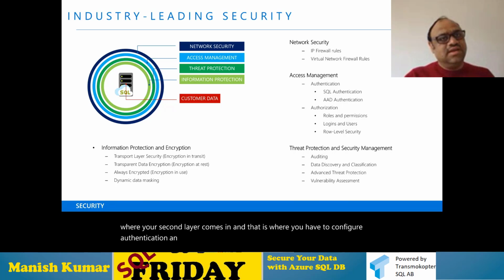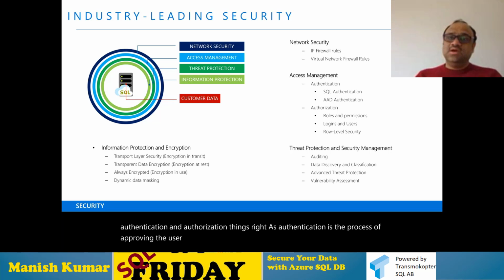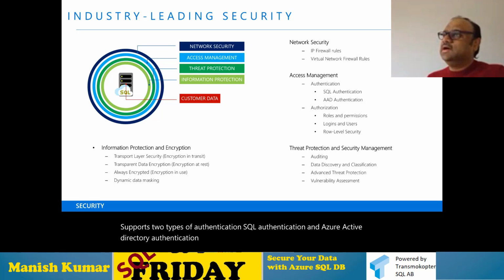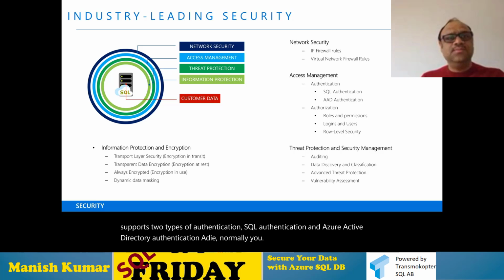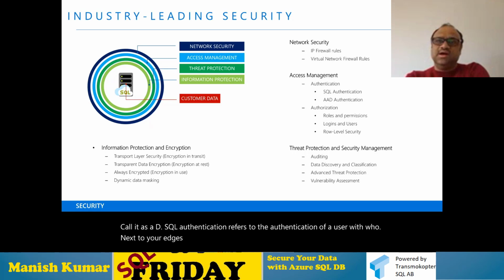authorization things. Right, as you know, authentication is the process of proving the user is who they claim to be. Now, Azure SQL Database supports two types of authentication: SQL authentication and Azure Active Directory authentication, AAD. Normally, you'll call it as AAD. Now, SQL authentication refers to the authentication of a user who connects to your Azure SQL database using a username and password.